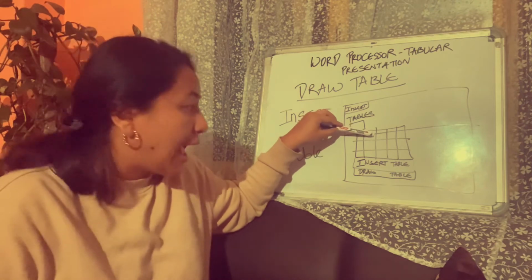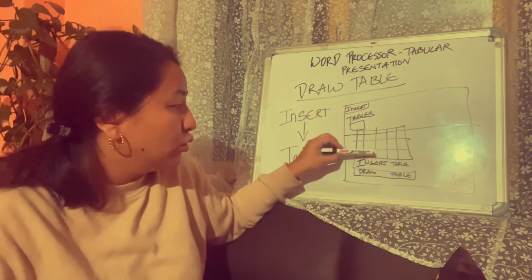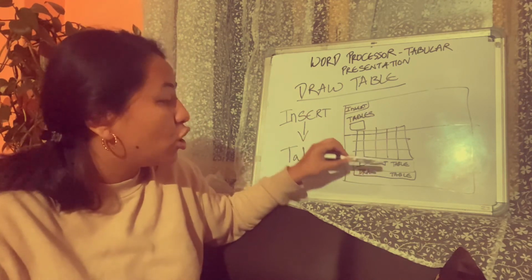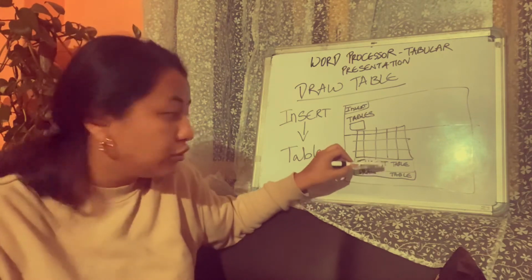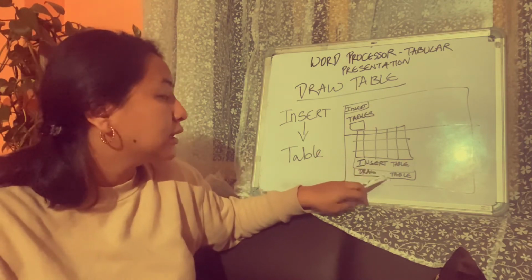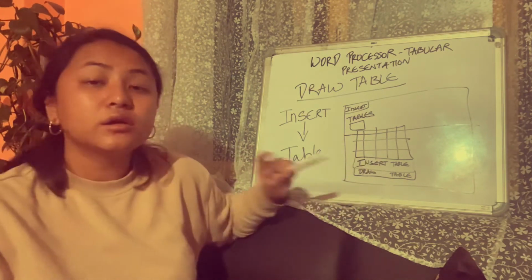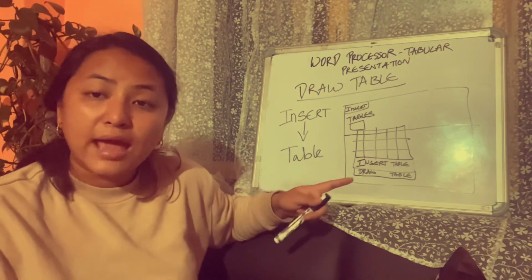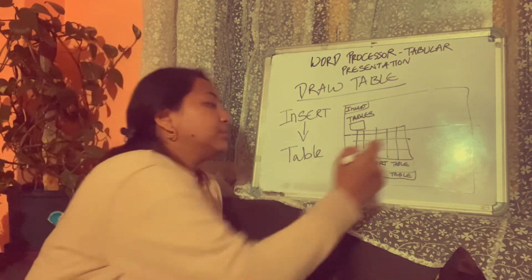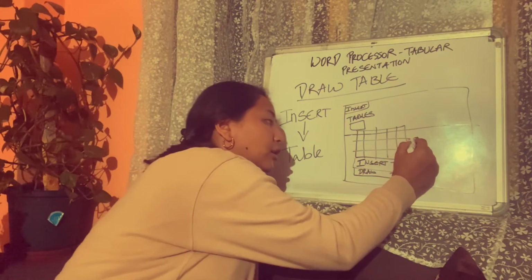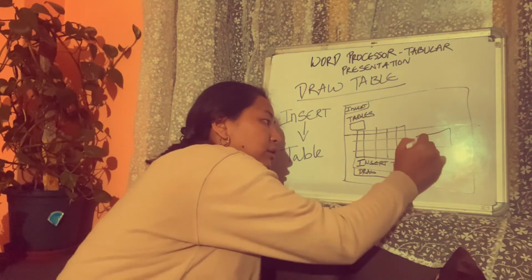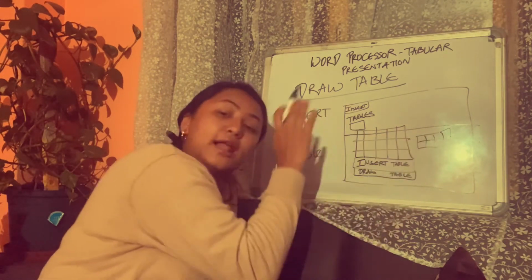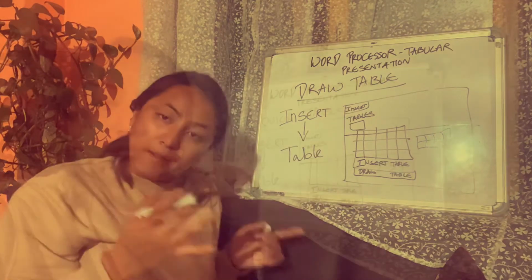It will have options below: insert table, draw table. There you'll go and click. Once you click draw table, a cursor will appear. With that you will draw your table accordingly on your screen, with the help of the cursor by using your mouse.